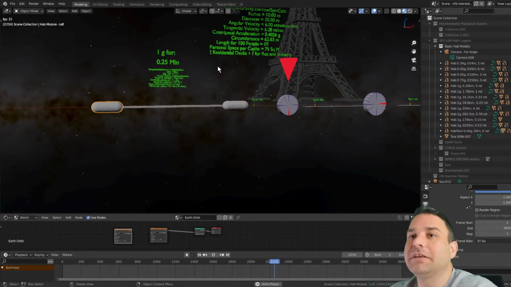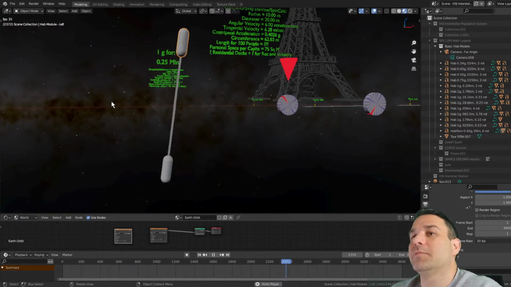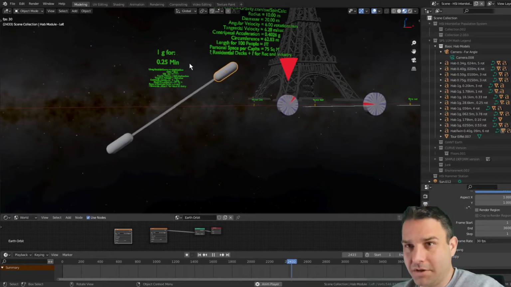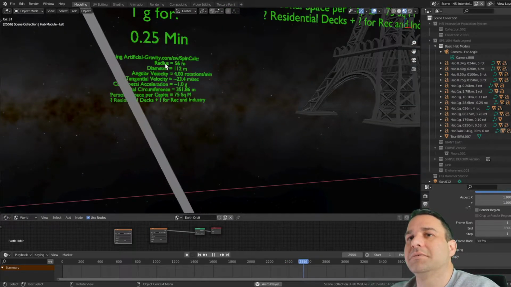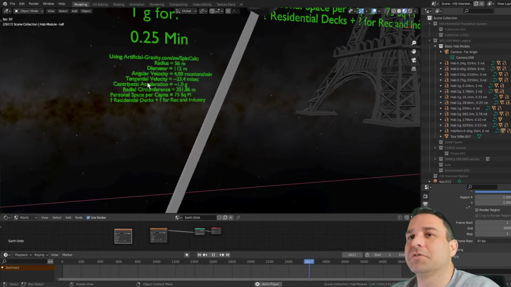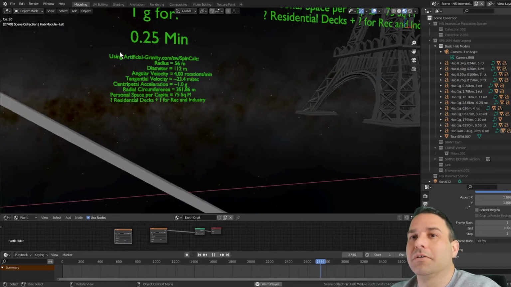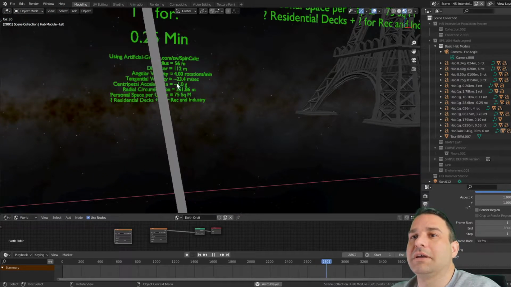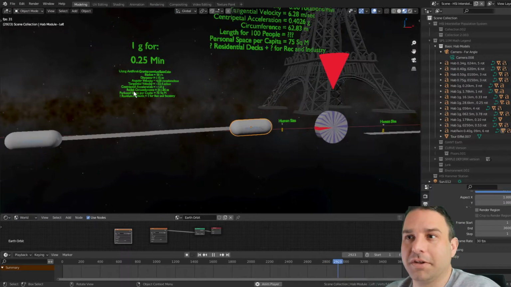So every 15 seconds, this will spin around and do a 360-degree spin. So radius 56 meters. You can zero in or pause to get all of these specific measurements if you like to. I'm just going to go ahead and go on to the next one.